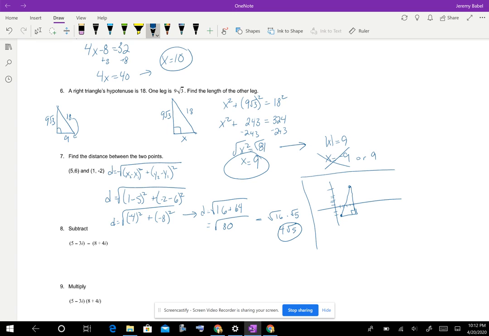And the vertical distance here is 8 in that triangle. And the horizontal distance on this triangle is 4. And so we would have 4 squared plus 8 squared, which would be 16 plus 64. And that would allow us, using the Pythagorean theorem, to figure out again that that would be the square root of 80 or 4 root 5. Okay, but the distance formula obviously would work as well.